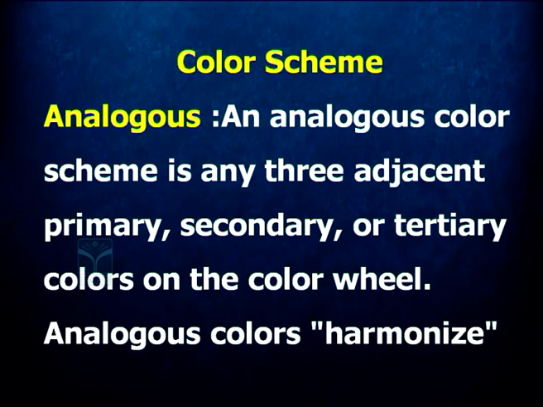So, what happens is, for example, you take yellow, yellow green and then green. So, they fall one after another. That creates a sense of harmony in the color scheme when you look at a painting or when you look at an image where an analogous color scheme is used.